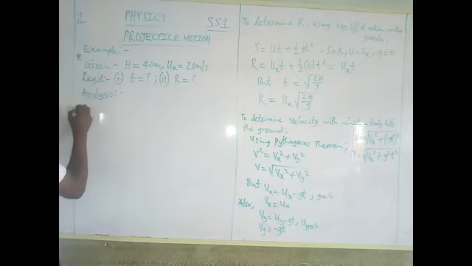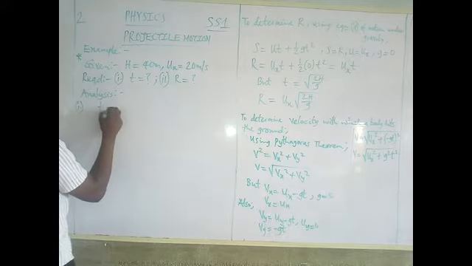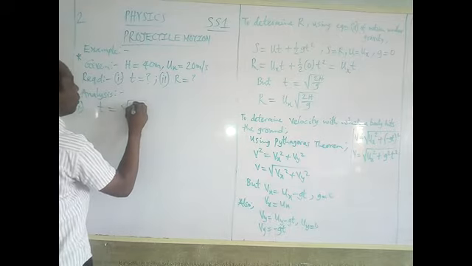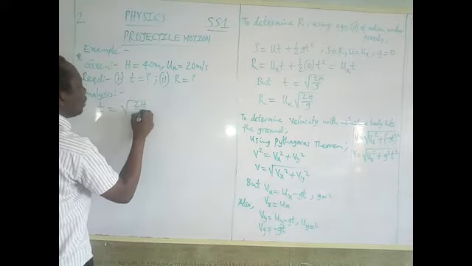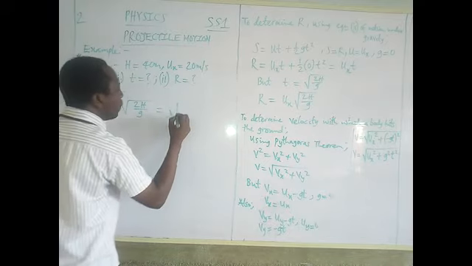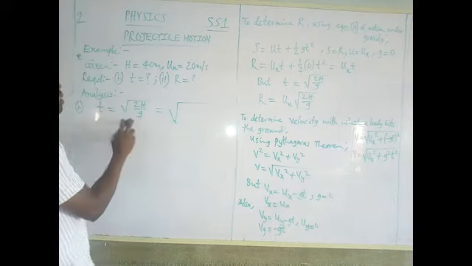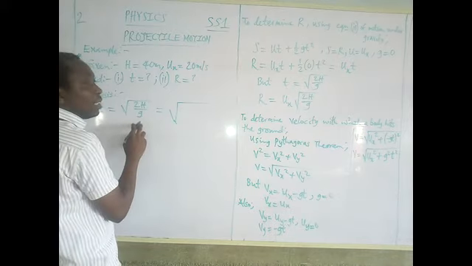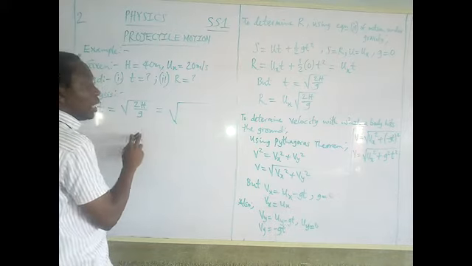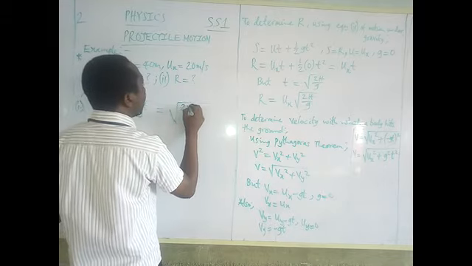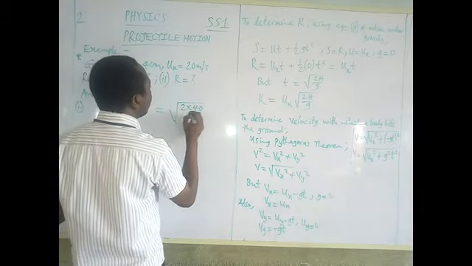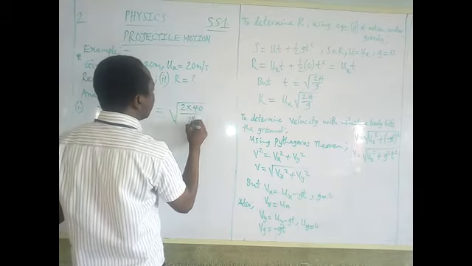So, analysis. From the formula of t, don't forget t is equal to square root of 2h all over g. So if you substitute the value of h and g, whenever you are given a question and the value of g is not stated, use your g to be 10. That will be 2 times 40 divided by 10.